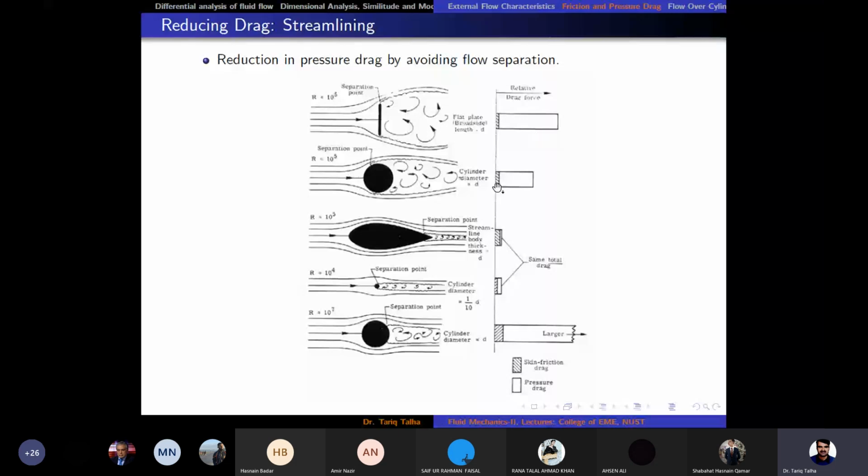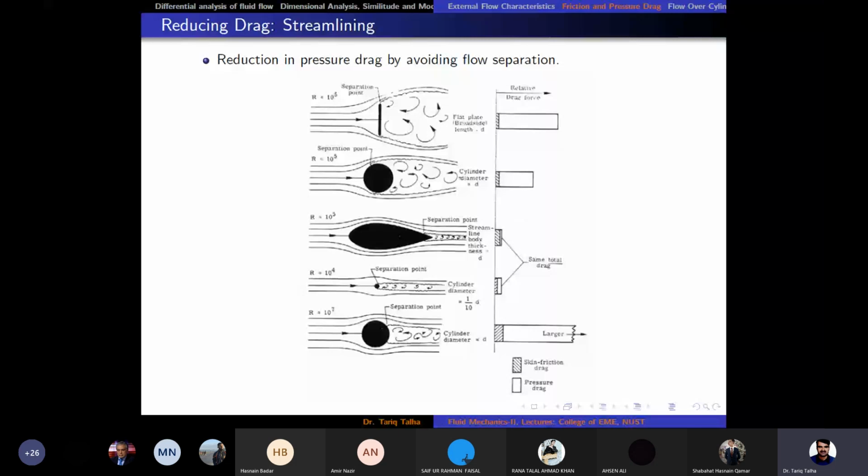Here the shaded region is due to skin friction drag, and this empty region is due to pressure drag. You can see that in almost all cases pressure drag is the major contributor to the total drag force. So we want to reduce pressure drag because that is very critical.